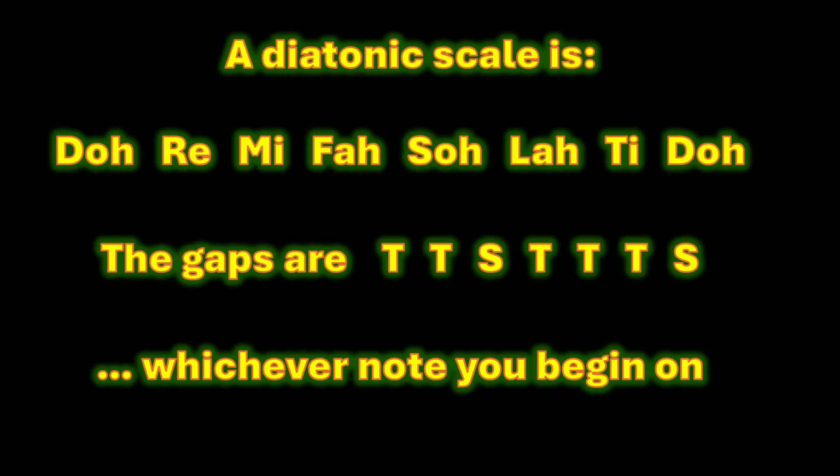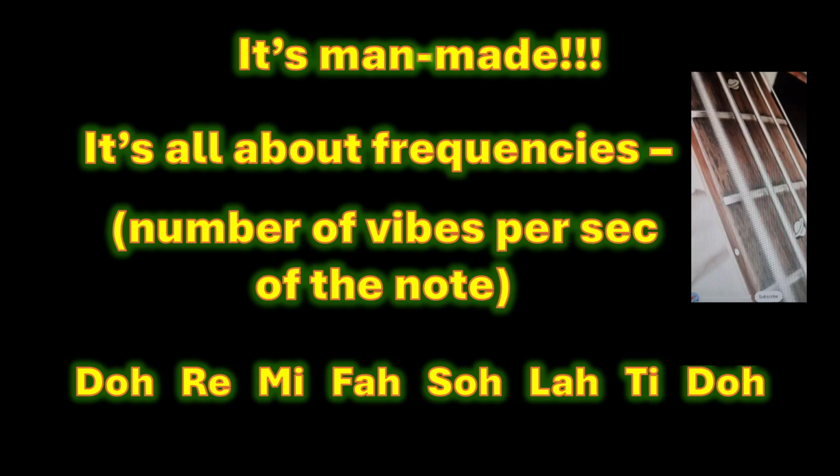Well, it's important because those gaps between those notes are man-made. They have been designed in this part of the world so that the frequencies are related to each other. You remember frequency?